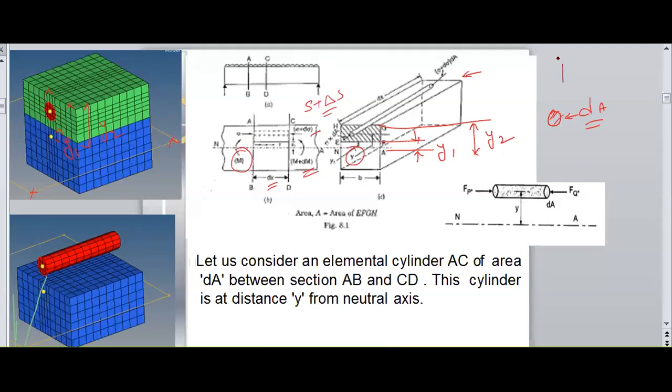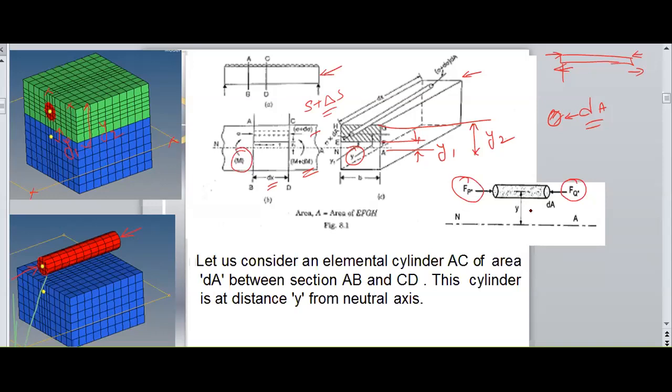If I consider a simply supported beam, the topmost layer feels compression and the bottommost layer feels tension. So the topmost fiber feels compression, and a compressive stress will be developed here because it is above the neutral layer in a simply supported beam.